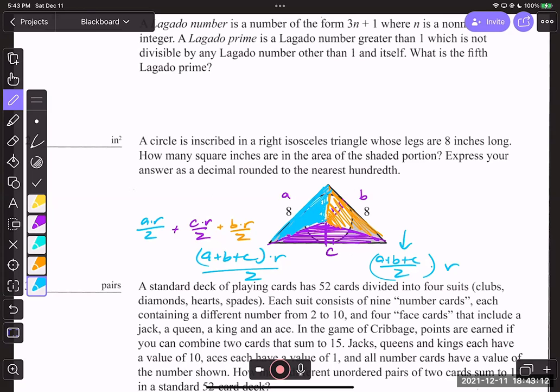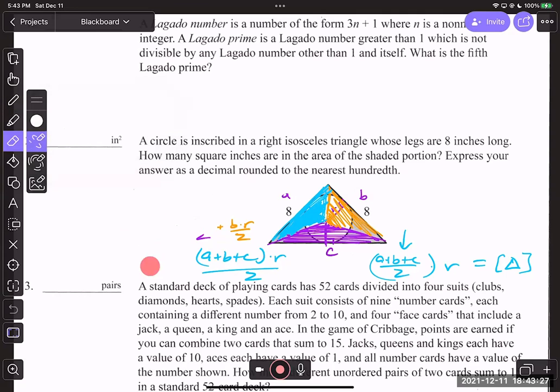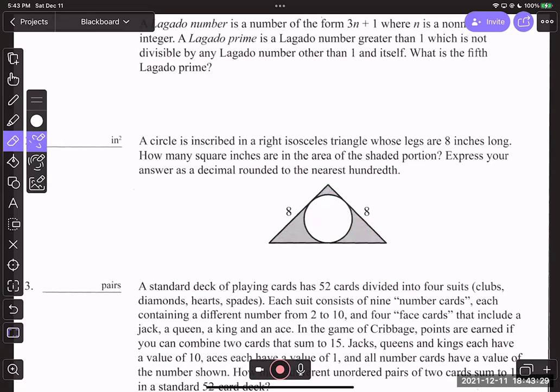Uh-huh. And that's the formula that we were using. This is just equal to the area of my triangle. Okay, got it. So the area of your triangle is equal to half of your perimeter times the radius of the inscribed circle. Right. Let's go ahead and move on to the next question then, if there are no other questions here.